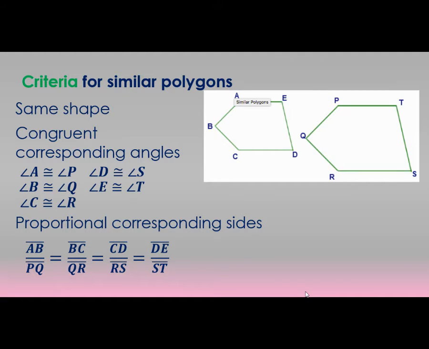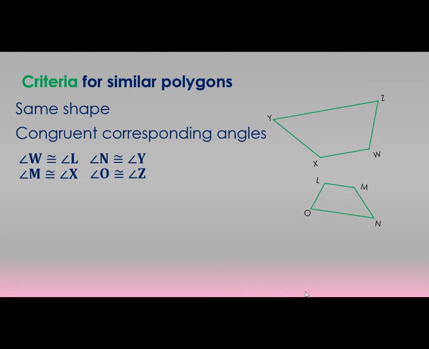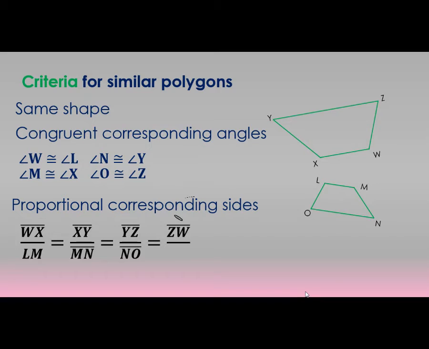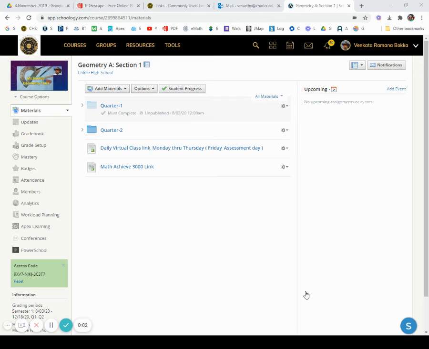By the way, here I have taken only four, but you are supposed to take five. The same rule continues. The angles must be congruent and the sides should be in the same ratio. So let's take some examples from the worksheet.